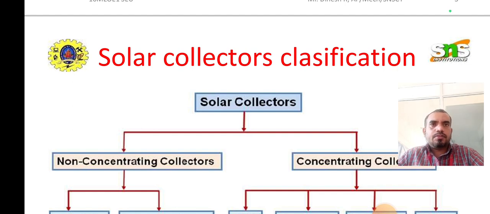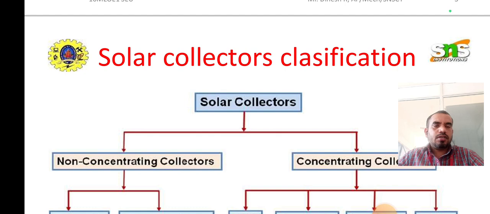In our previous videos, we have seen what a solar collector is, what its characteristics are, what the two major types of collectors are, the type of fluid, and how the collectors are mounted. In this video, we are going to see the classification of solar collectors.